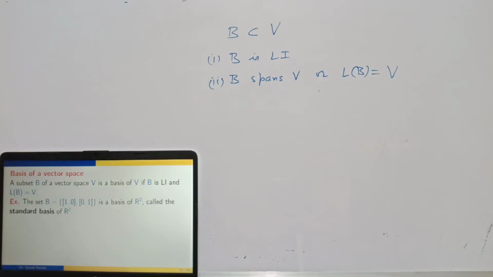See this example. The set B equal to {(1, 0), (0, 1)} is a basis of the vector space R2 and it is called standard basis of R2. Why is it a basis for R2? The two vectors are linearly independent. You already know it.